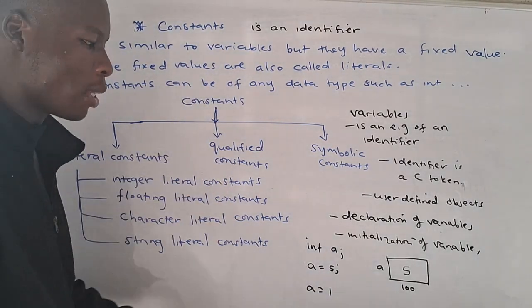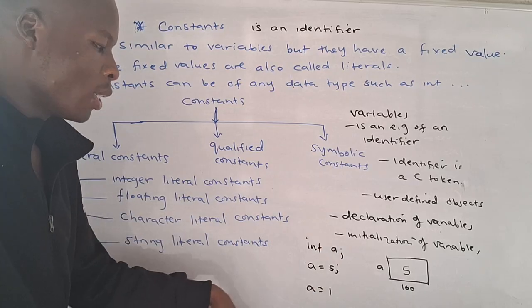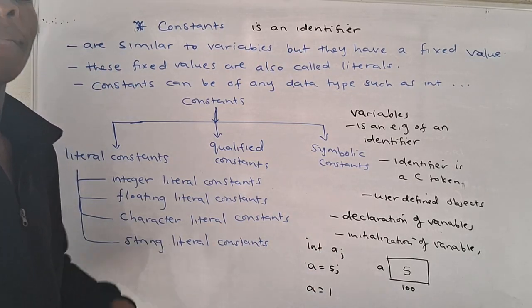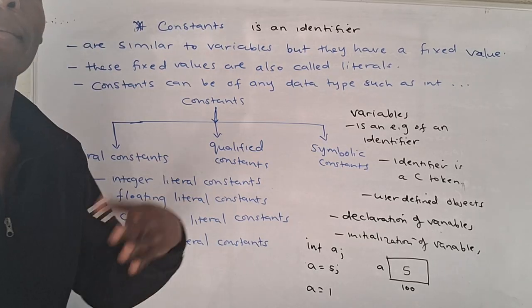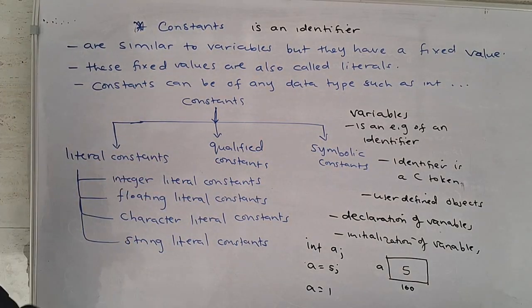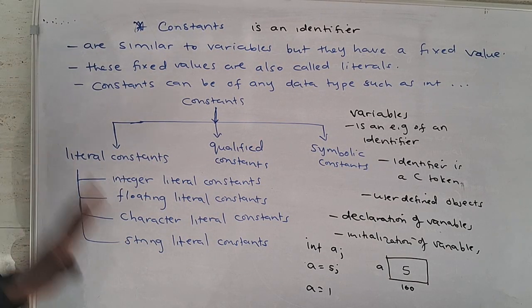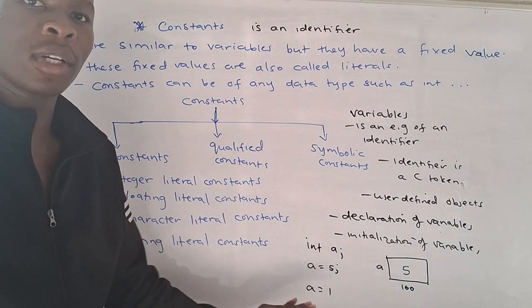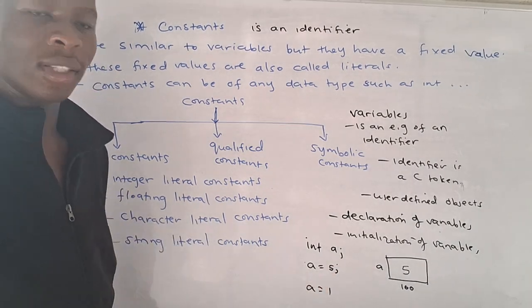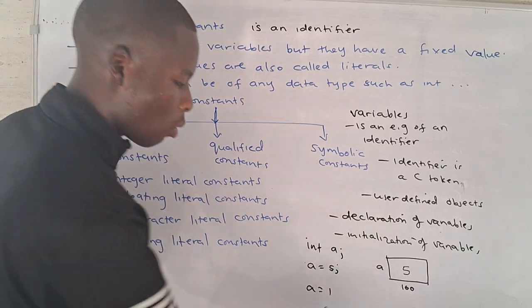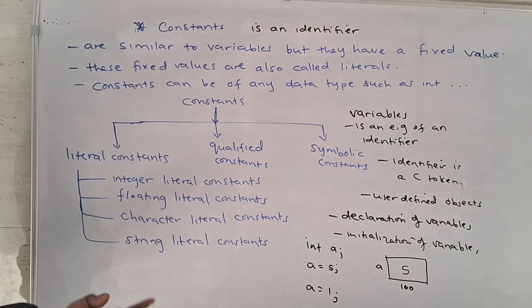What is the meaning of this? This simply means the value stored in a variable can be modified. It is possible to modify a variable. Initially the value of a is 5, but at the end of the program, a is equal to 1.